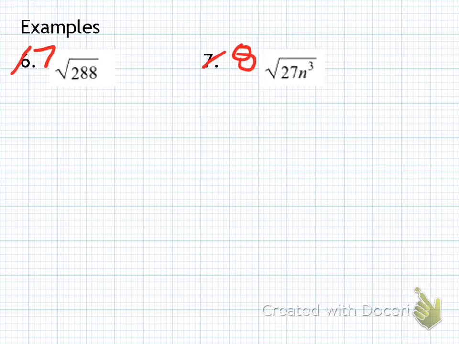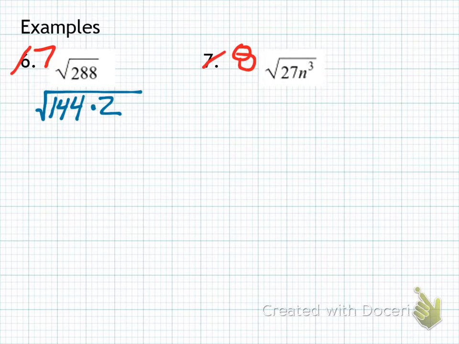Number 7 is the square root of 288. I want to think what's the biggest perfect square that I can factor out of this. If I divide 288 by 2, I get 144. So I'm going to go ahead and use that as my factoring because I know that 144 is a perfect square. Okay.